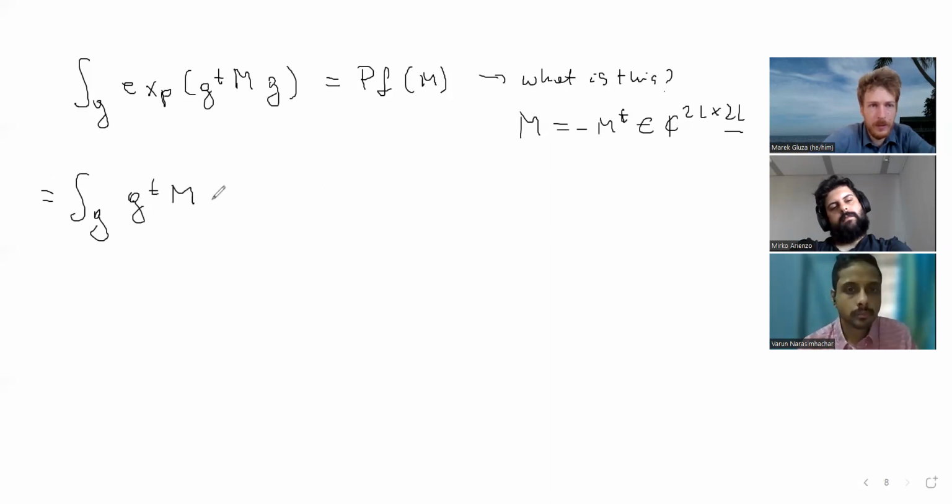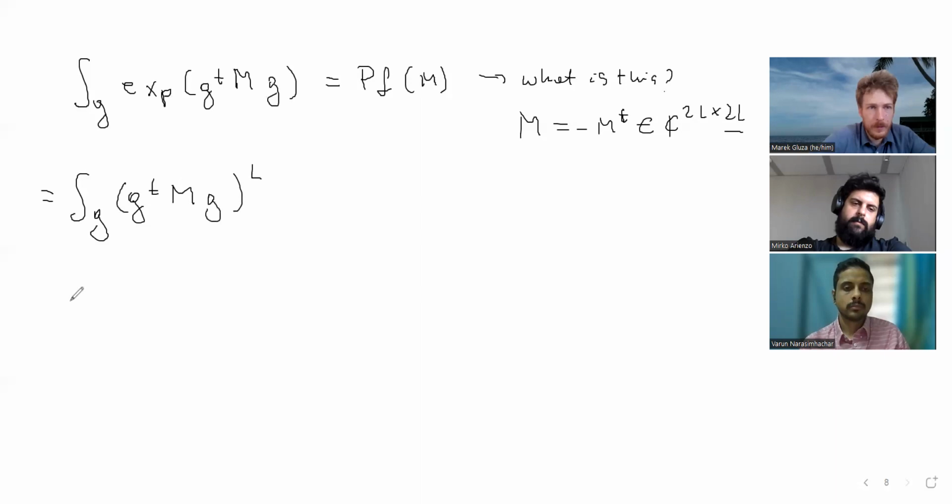We need to show that this is GTM to power L. So notice this is 2L, and then the maximal power of GTM becomes L, yeah? So, okay. So how do we prove this?